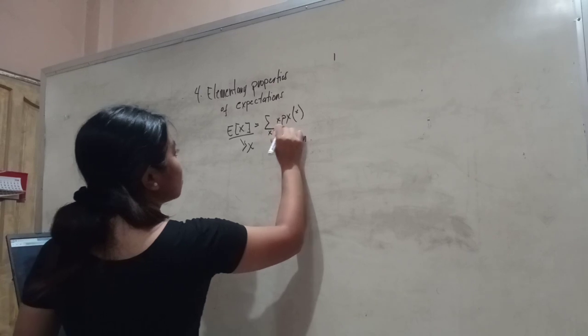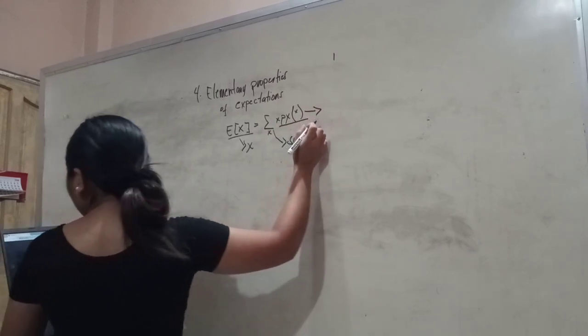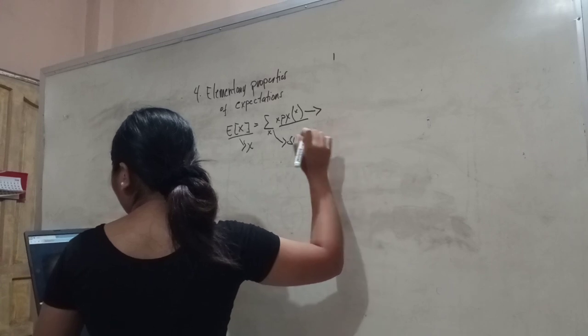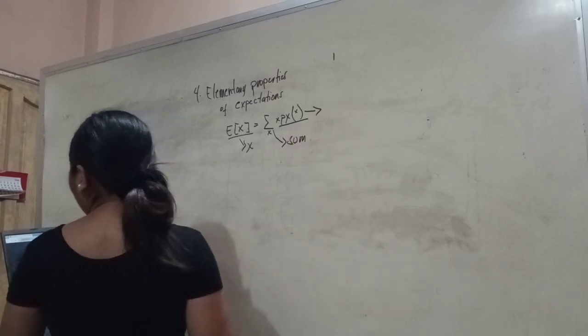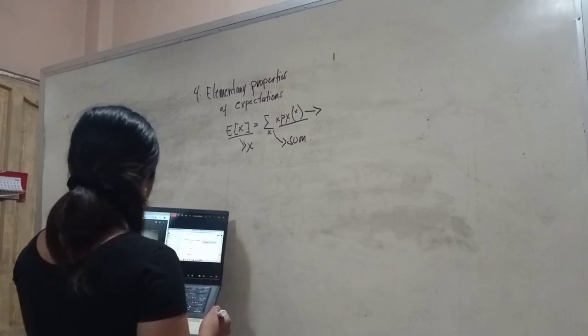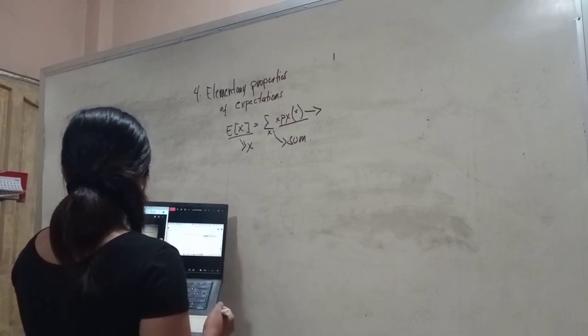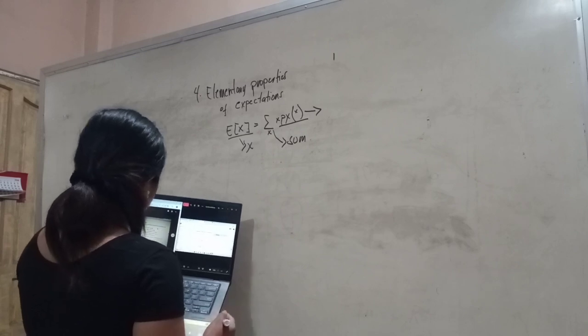And this is the probability mass function, the probability that X equals x. We multiply each possible value by its probability and sum them all up. This gives us the average or mean value we expect X to take.